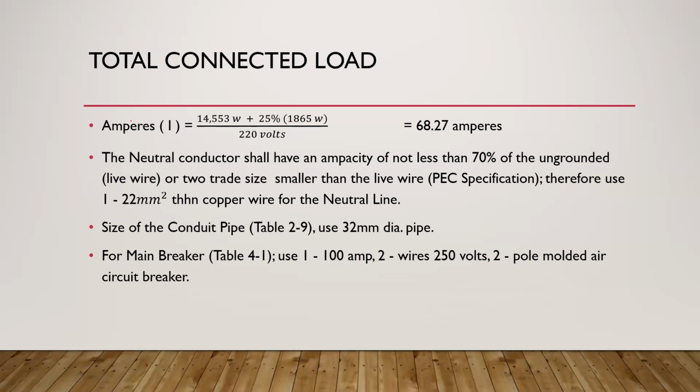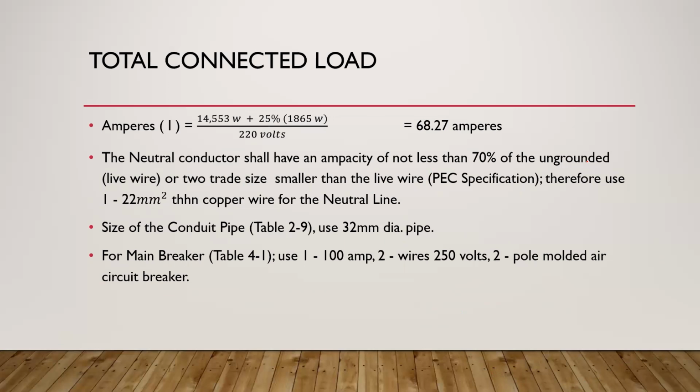Okay. So next, the neutral conductor or yung ating ground wire shall have an ampacity not less than 70% of the ungrounded, or two trade sizes smaller than the live wire, from the PEC specifications. Therefore, we will use 22 mm conductor wire for our neutral line.